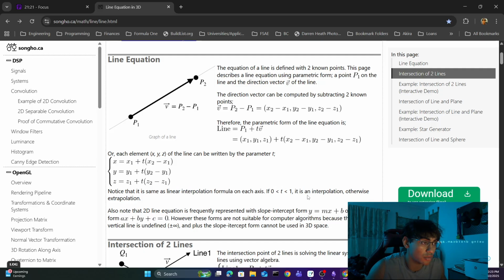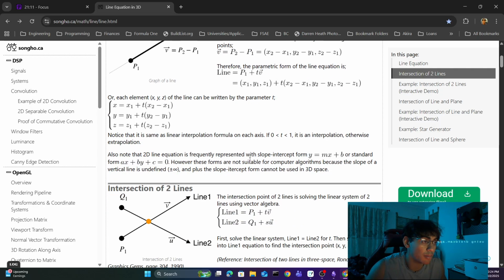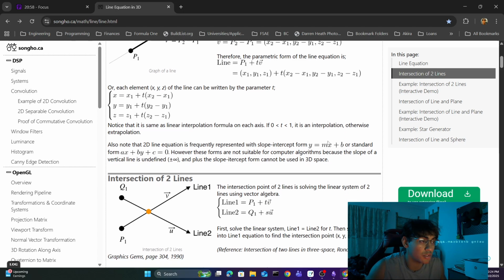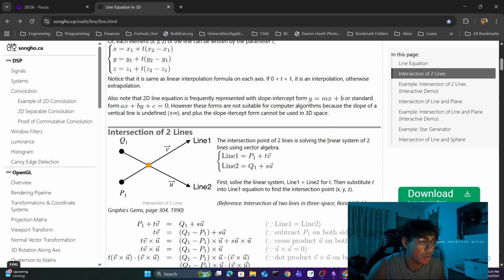If t ranges from 0 to 1, it is an interpolation, otherwise extrapolation. Also note that the 2D line equation is frequently represented with slope-intercept form y equals mx plus b, or standard form ax plus by plus c. But these forms are not suitable for computer algorithms because the slope of a vertical line is undefined. And plus, the slope-intercept form cannot be used in 3D space.